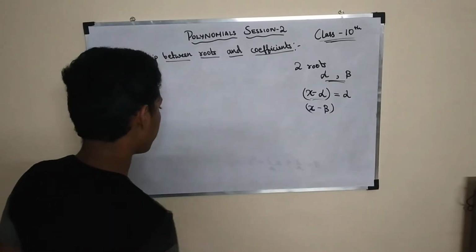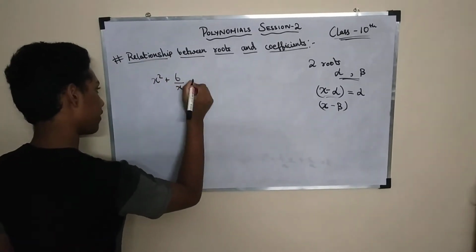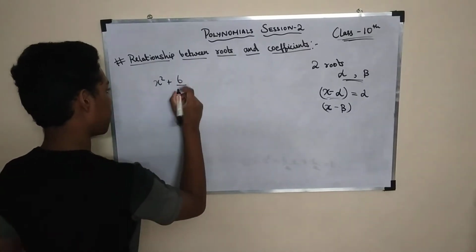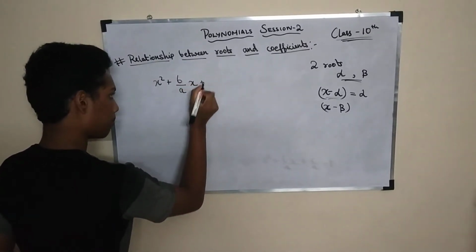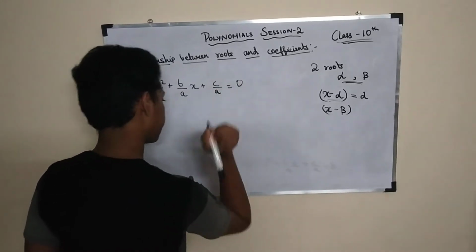I'll just write this again, x square plus b by a times x plus c by a is equal to 0.